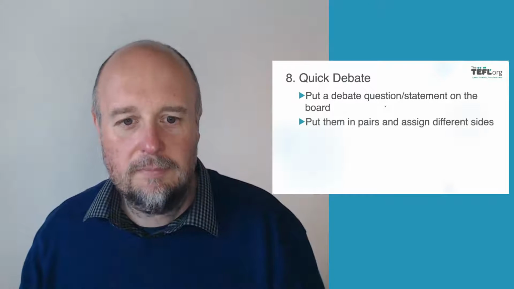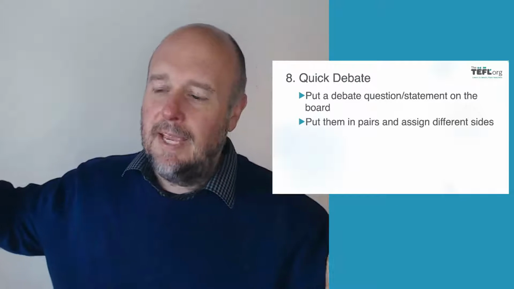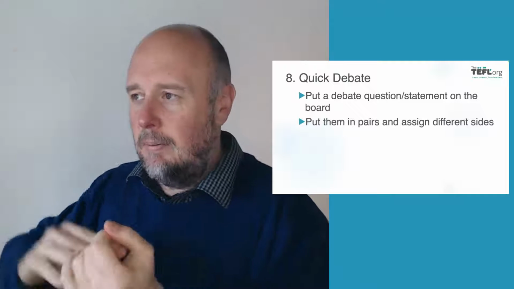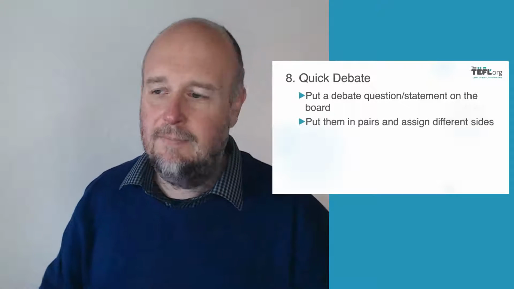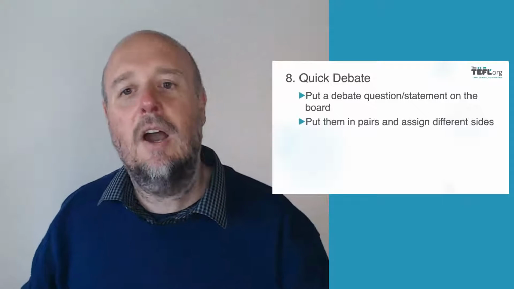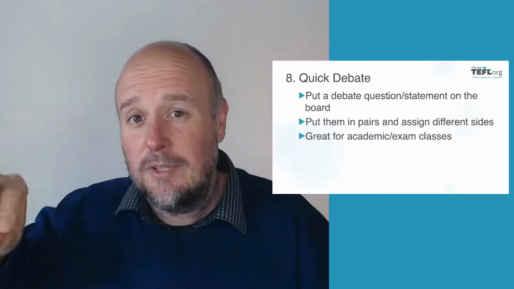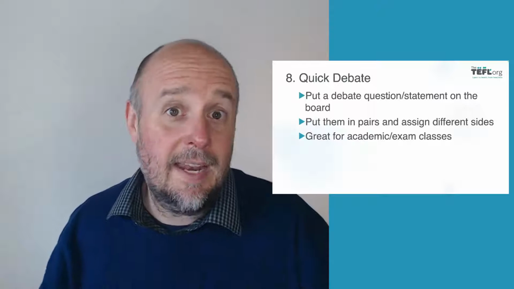Put that on the board, and then you put them in pairs. Don't have a big class-wide debate, because that will take a lot longer than 5 minutes. But you put that on the board, and right, in pairs, you agree, you disagree. Discuss for the next 3 or 4 minutes, and away they go. Even if they don't agree or they don't disagree, you've got to sort of force them to have opposite opinions within their pairs.